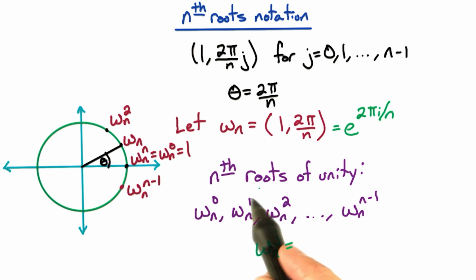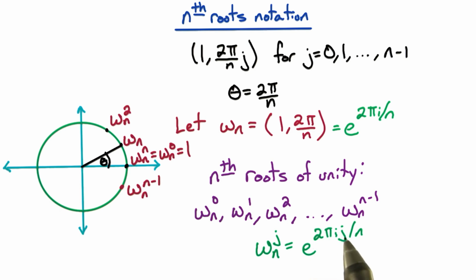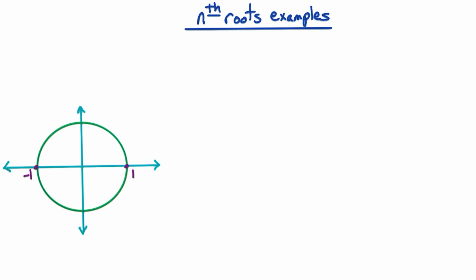So the jth of the nth roots of unity, omega sub n raised to the jth power, where j varies between 0 and n minus 1, is e raised to the power 2 pi i times j over n. Now we saw that for the case n equals 2, the square roots of unity are the points 1 and minus 1.